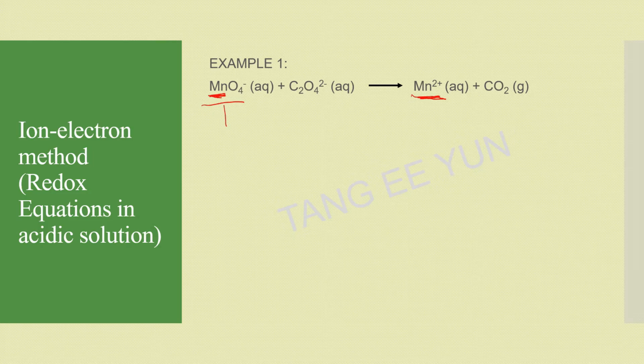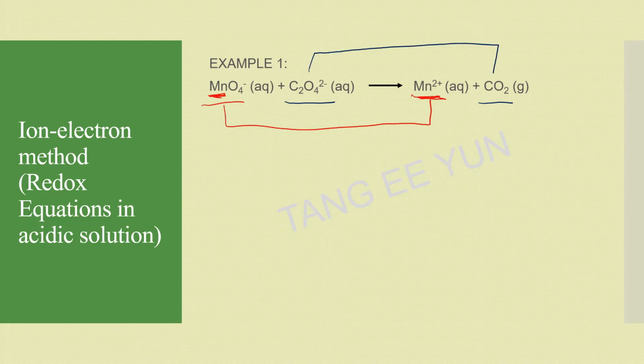So obviously these two are a pair. And the oxalate ion consists of carbon and carbon dioxide consists of carbon. So in other words, the oxalate ion and carbon dioxide will be a pair. So before we start balancing, we just need to divide a redox equation into the oxidation pair and the reduction pair first.